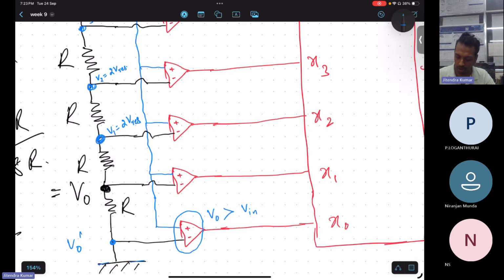Why? Because it is connected to ground. So V in will anyway be higher than 0, or if we don't know, let us consider that V in is higher than V0 dash. In that condition, X0 will be 1. Do you agree?